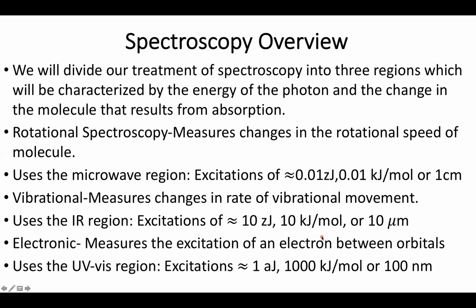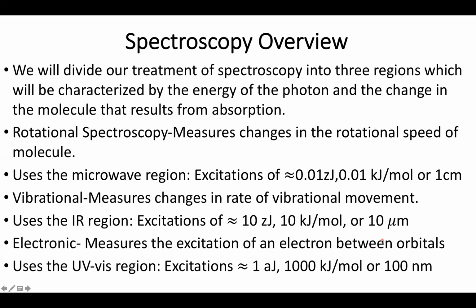And much later in the semester, we're going to be talking about electronic excitations. This is what you may typically think of when you're thinking of spectroscopy. These tend to use the UV-Vis spectra, and we're actually moving an electron between one orbital and the next.